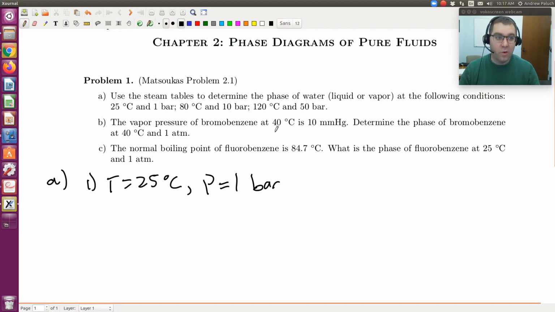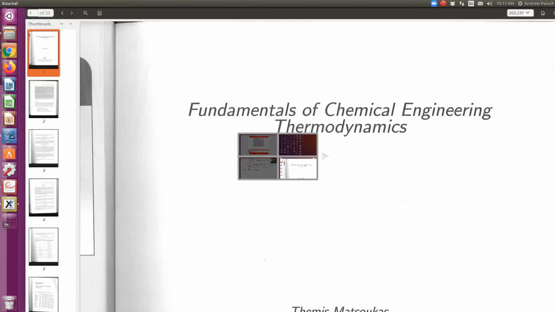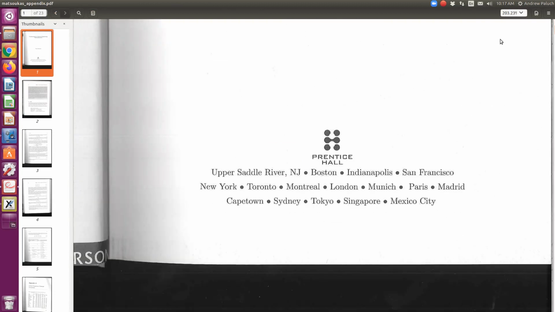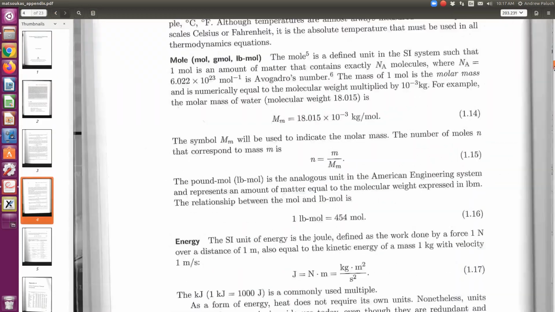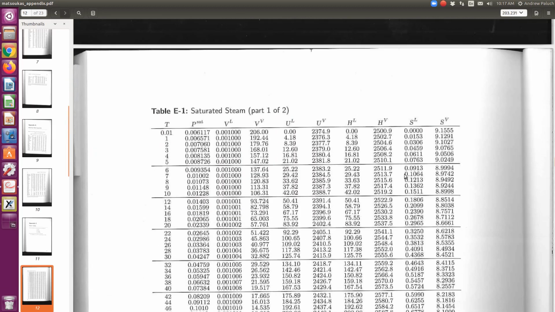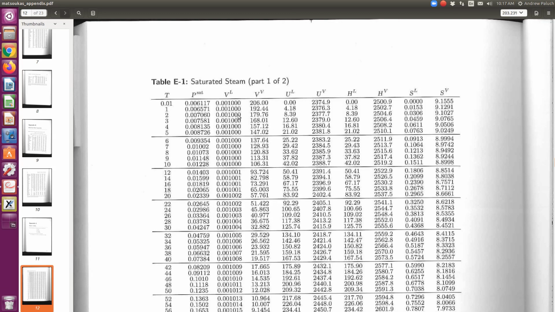Let's go over to the steam tables and see what we have and what might be easier to navigate. I'll start at the beginning so you can see. The first table is for saturated steam, so this corresponds to data on that equilibrium line.